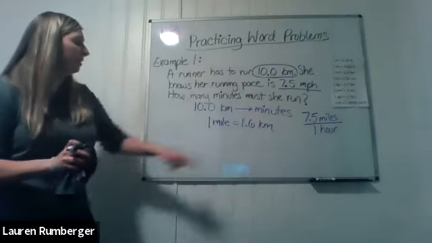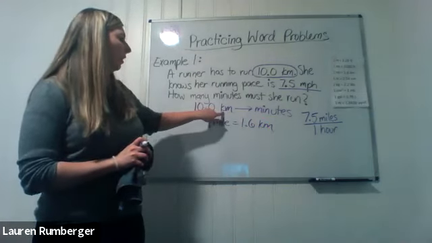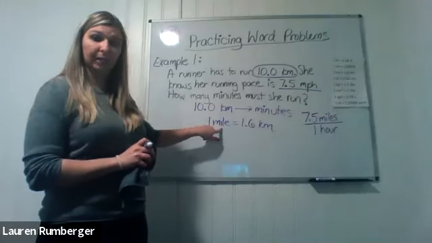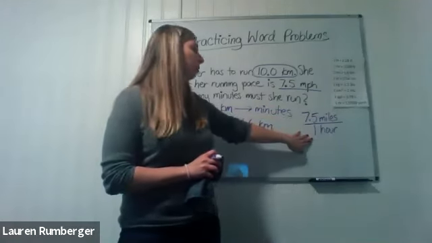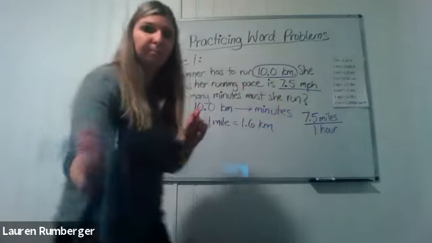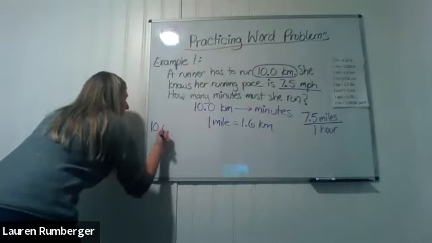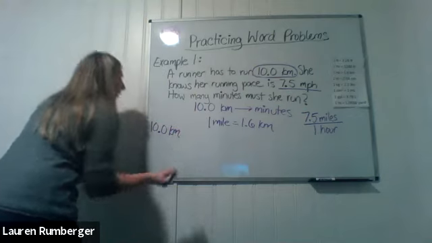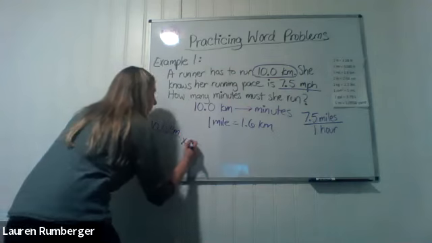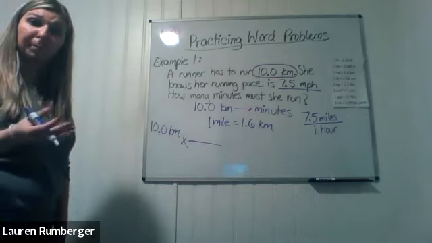This is going to allow us to change our units of distance in kilometers to units of distance in miles, which then relates to our running pace that we were given. So this will be our first step. We'll begin with our value of distance of 10 kilometers. We need to change our 10 kilometers to miles because our running pace is given in miles per hour.